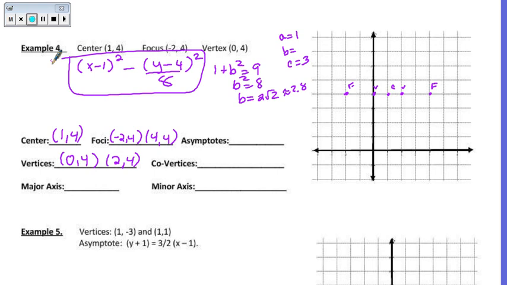The B value is about 2.8 coming off the center. So 1, 2, almost 3. 1, 2, almost 3. Once I've got those pieces in, now it's time for our box. Do the vertices and the covertices. Once the box is in, now it's time to put in our asymptotes.